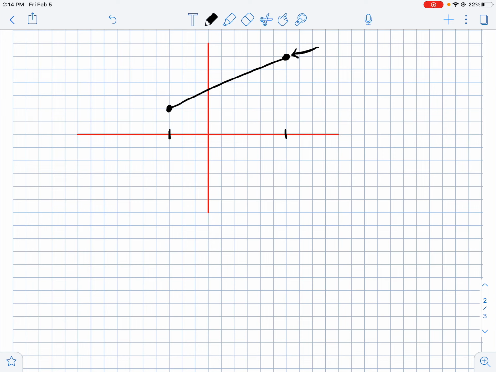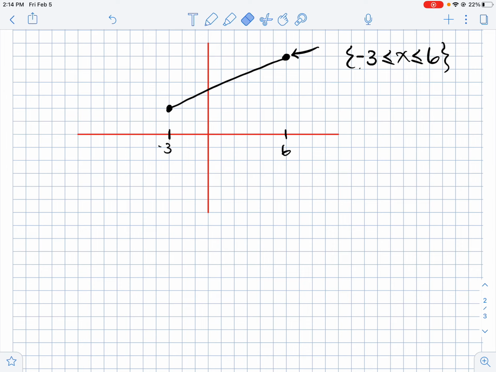So if I wanted to describe this domain, that's -3, 1, 2, 3, 4, 5, 6, I would say this: x is greater than or equal to -3 and less than or equal to 6.